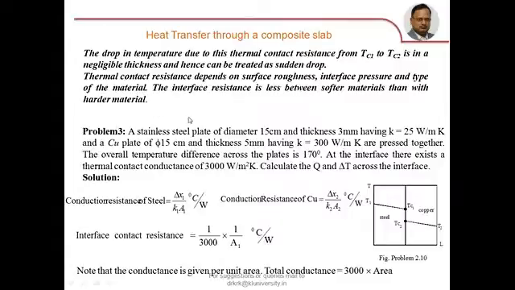For example, if the surfaces are not properly finished, imagine rough surfaces. So when you place one over the other, the gap between the two materials will be large, and hence they offer more amount of thermal contact resistance.